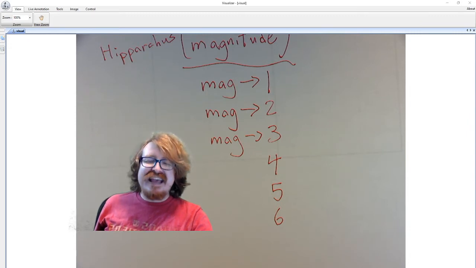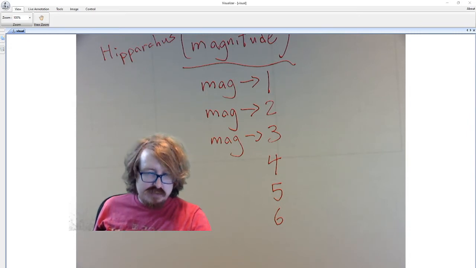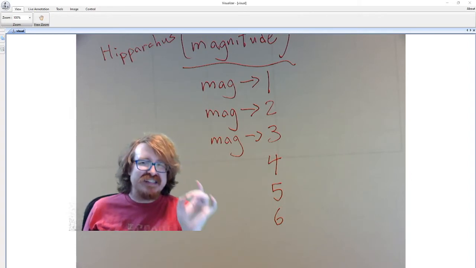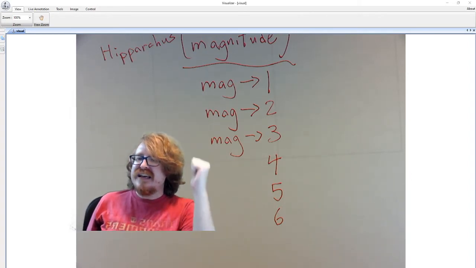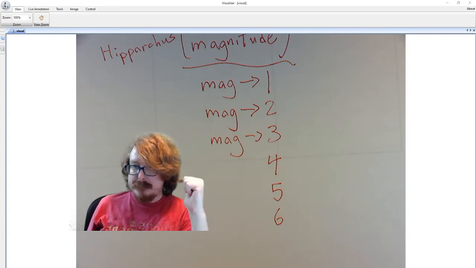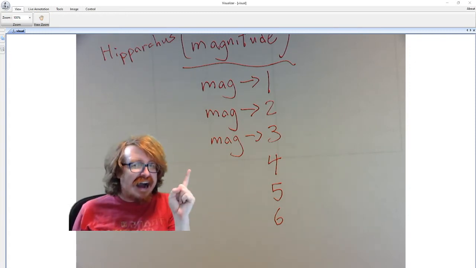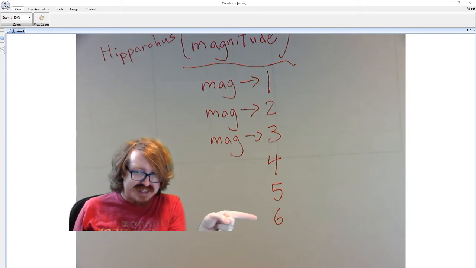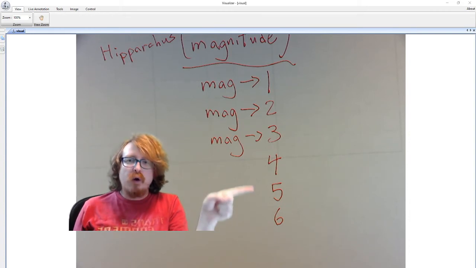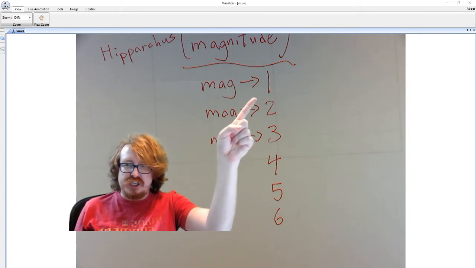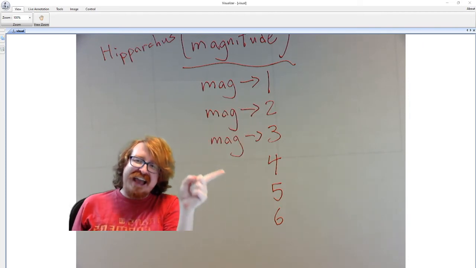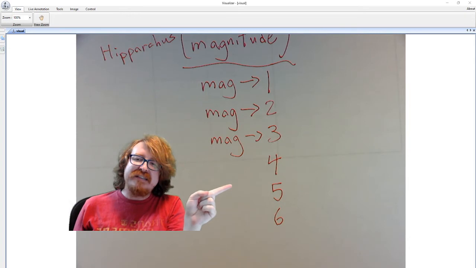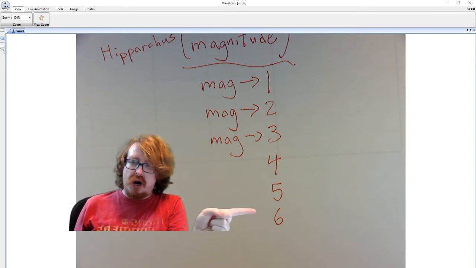So if I say it has a high magnitude, I mean that the magnitude is a very high number, which means that the star is very dim, okay? So if I say a high magnitude, 6 is a high magnitude, 1 is a low magnitude. So a low magnitude means a bright star, and a high magnitude means a dim star.